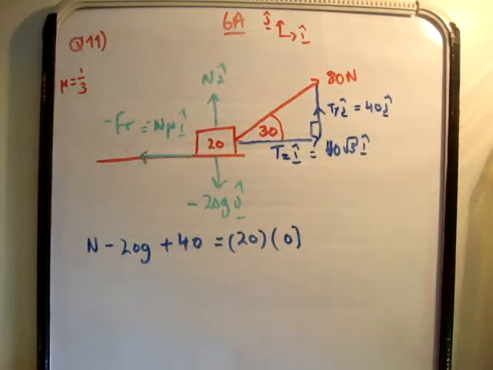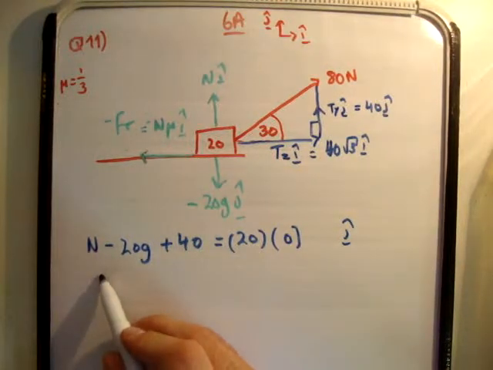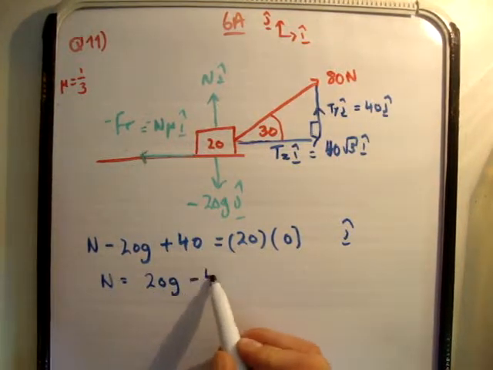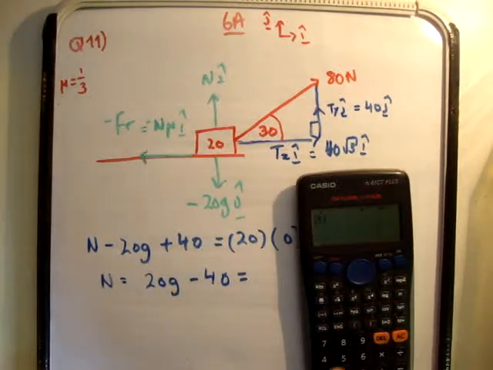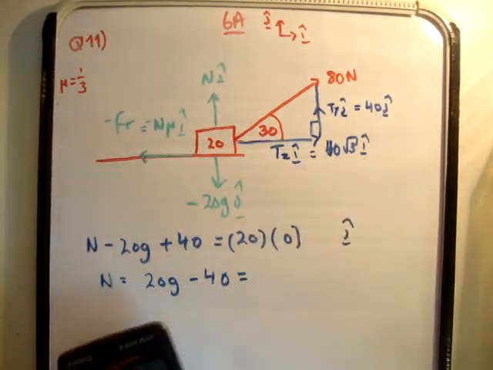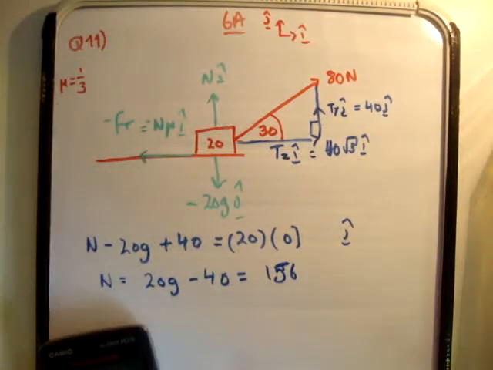So we say the acceleration in the j hat direction is equal to 0. So again, we eventually get that N is equal to 20g minus 40, and that's going to be equal to 20 multiplied by 9.81 minus 40, giving an answer of 156.2 newtons.